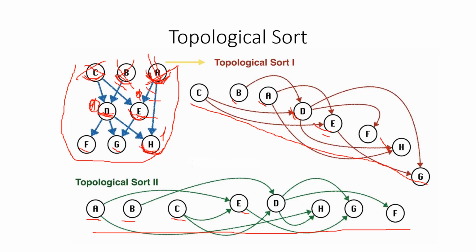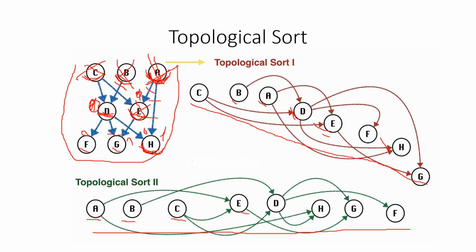Then, let's say, we take E, and we decrease the in-degree of the nodes connected from E. So for G we decrease it from 2, the two incoming edges you see here, to 1, and we remove E from the queue. Next we take D, and from D we also decrease all the connected nodes.